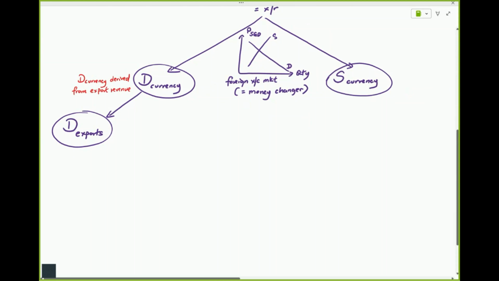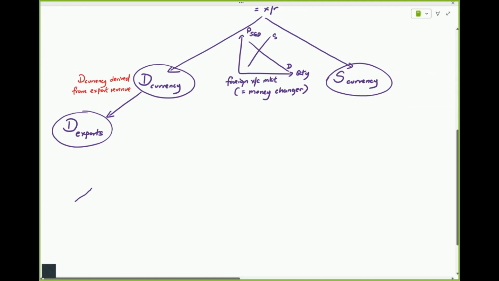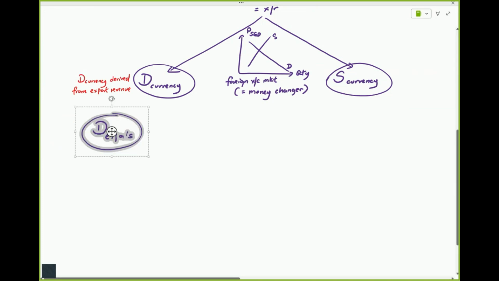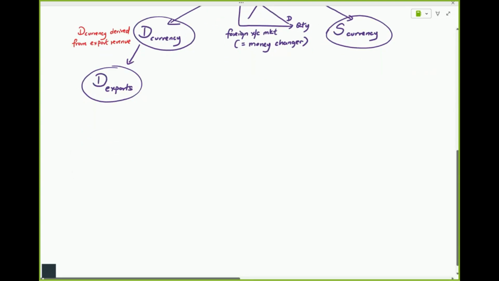The game is not over yet. How do you split demand for exports? You see, the rules of the game are really to go as far as you can. So how? Exports. Yes, very good.